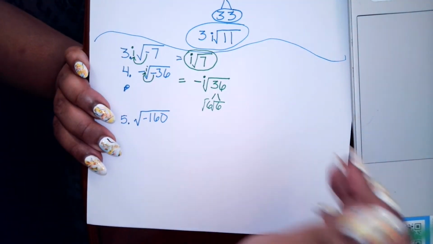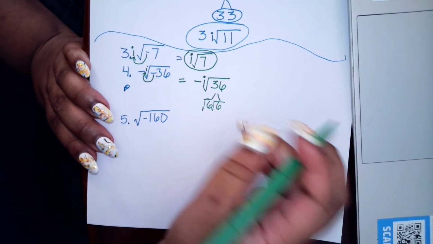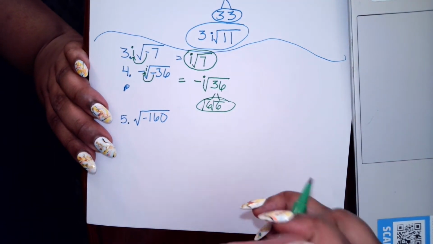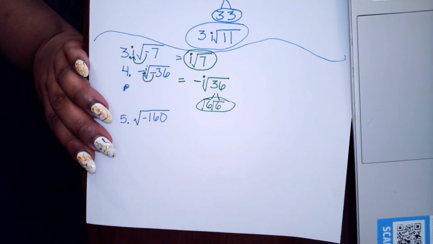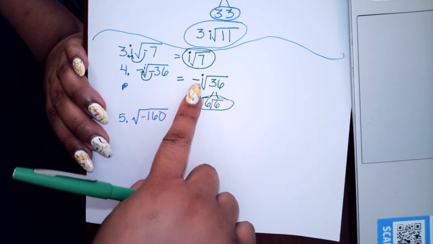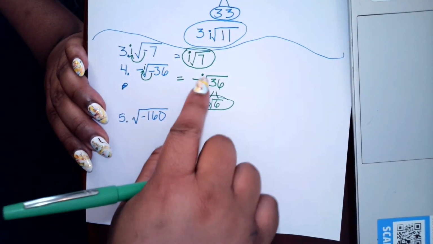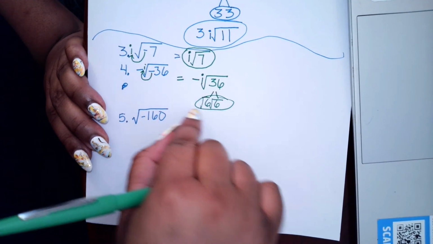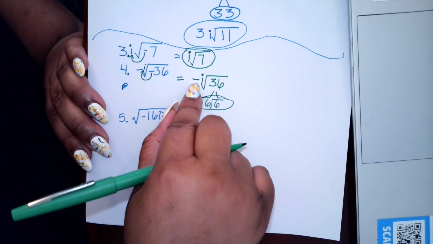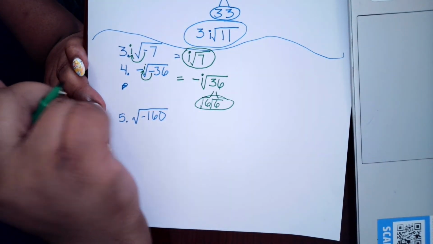And doing it the way that I taught, I would circle these 2 6s, which means it's going to go on the outside of the radical. Since we have the i right in front of the radical, we are literally going to keep that there. And we're going to put our number in front of the i, but after the negative sign.